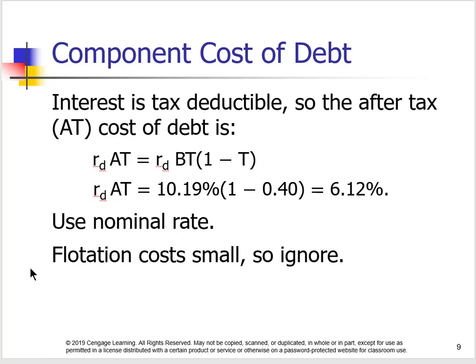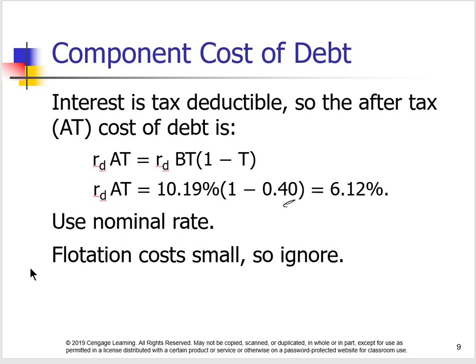Now, one of the things that is in reality current-day information is that 40% is an extremely high number for corporate taxes. Currently, the maximum corporate tax rate is in the ballpark of around 20%. That may change soon. We don't know. But right now, it's half of what it is here. So if it's half, then the after-tax cost increases because the government is subsidizing less.